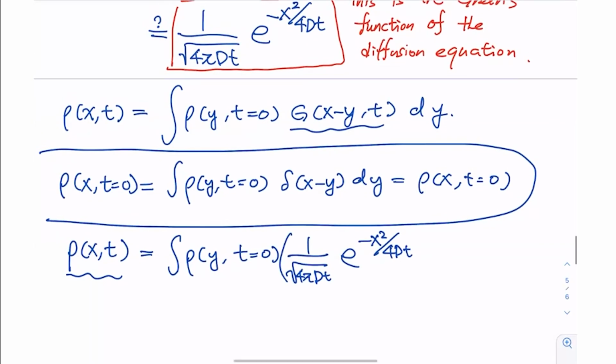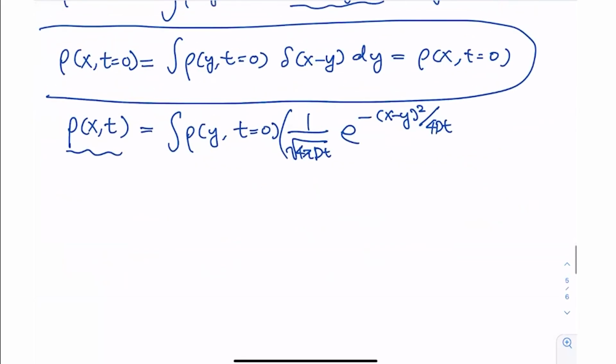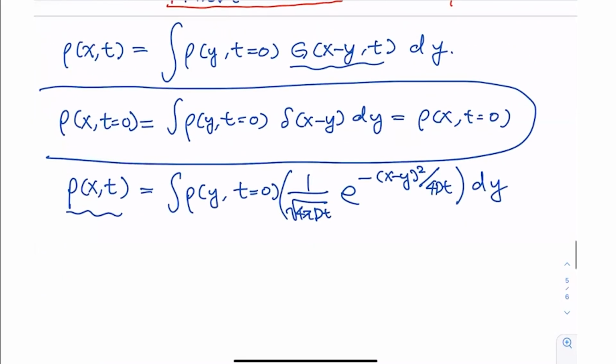This is our Green's function. Sorry, I need to replace that with x minus y, and dy. So that's our solution.